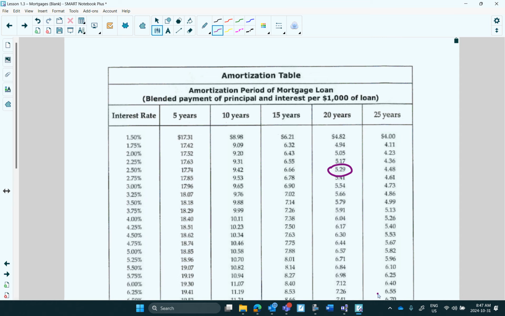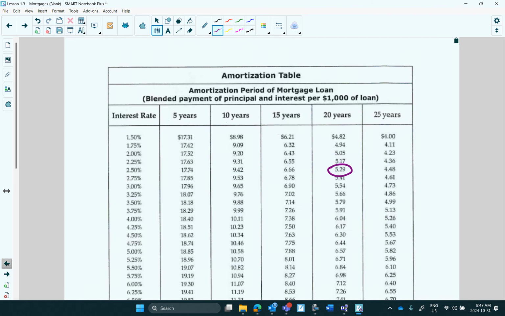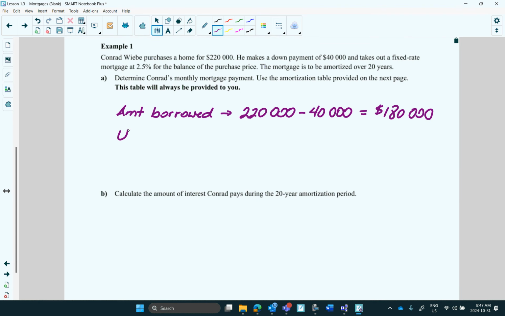Okay. So using the table, 2.5%, 20 years is $5.29 per $1,000 that he borrows.